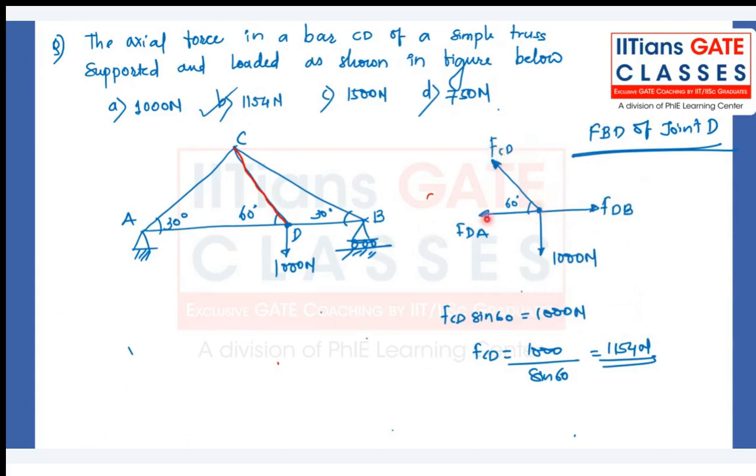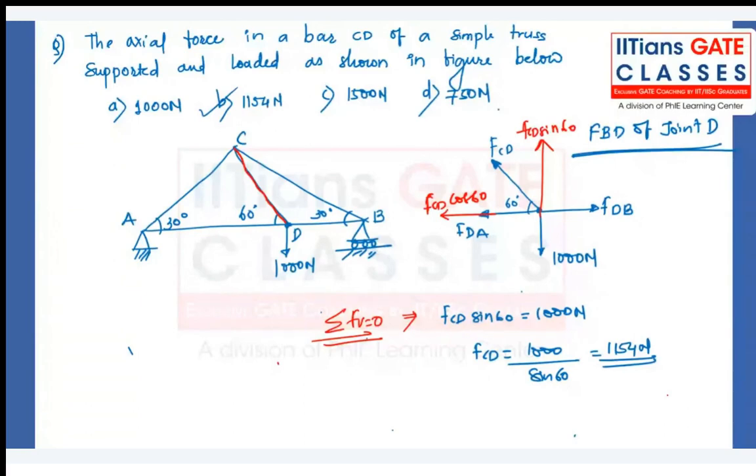The vertical component will be FCD sine of 60 and the horizontal component will be FCD cos of 60. From the equations of equilibrium, summation of all vertical forces equal to 0, we can say that FCD sine of 60 has to be equal to 1000. Clear?